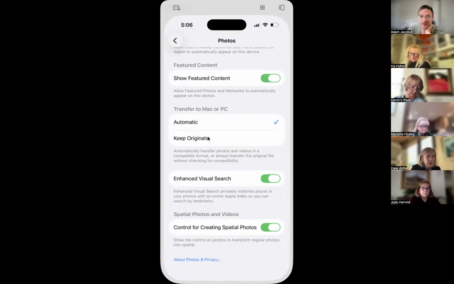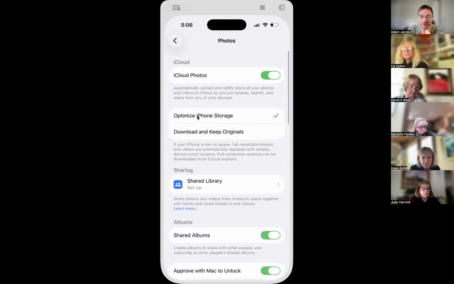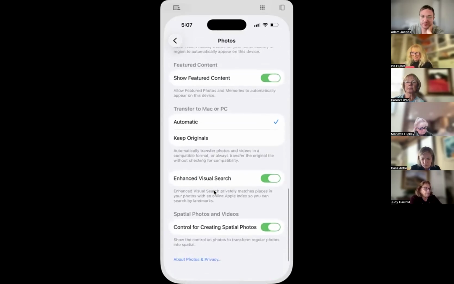So two things we changed there. Some of you already have this, but the second one down, you want it on optimize iPhone storage. And then almost at the bottom, transfer to Mac or PC, you want that on automatic.